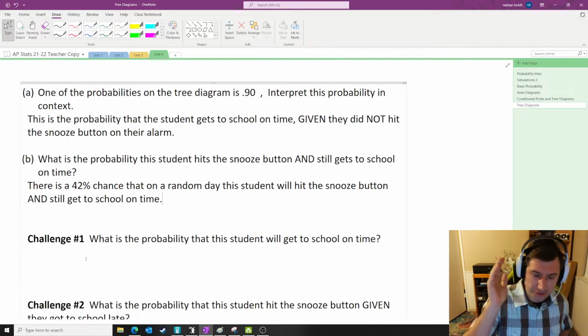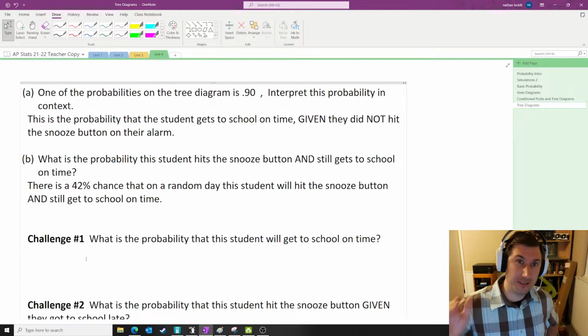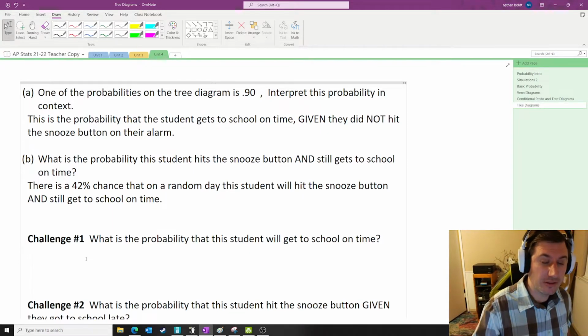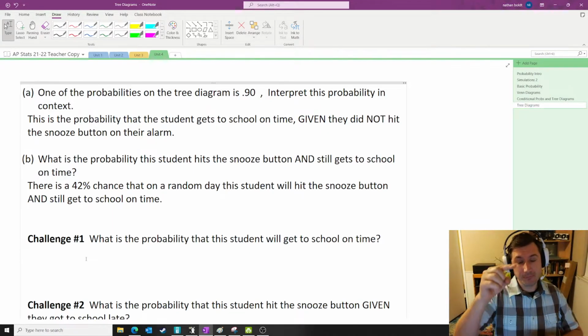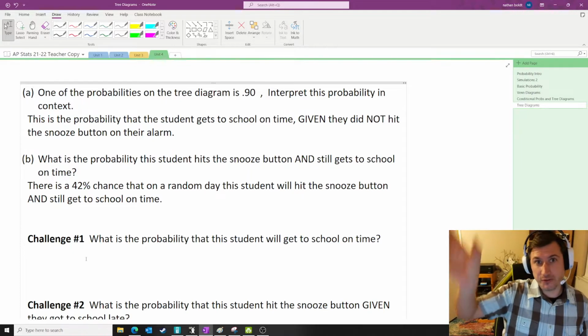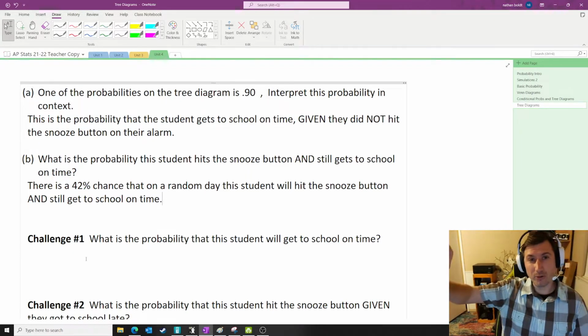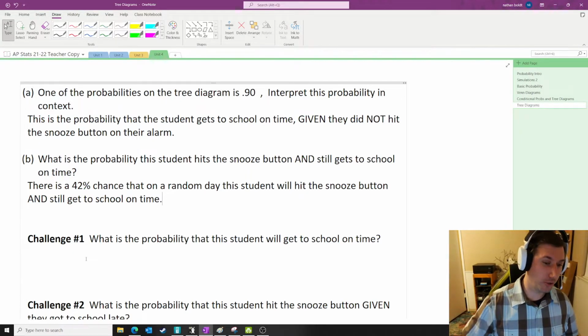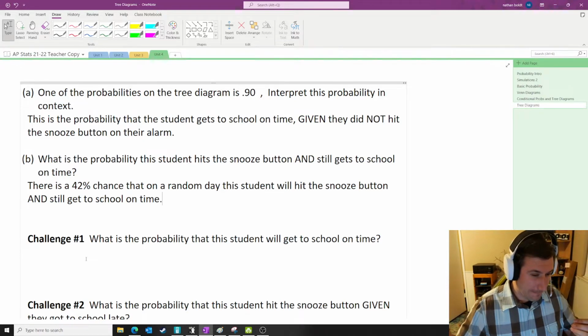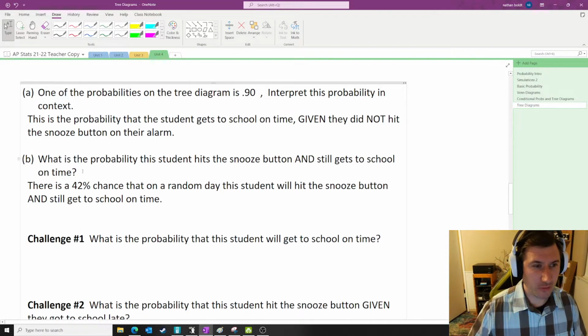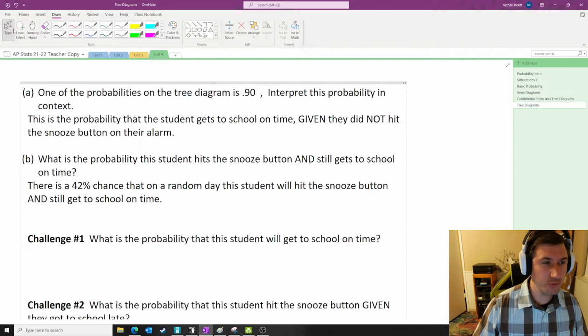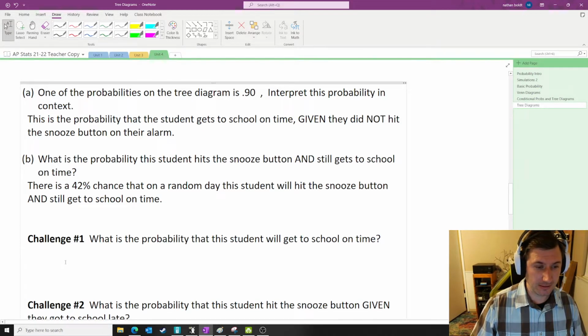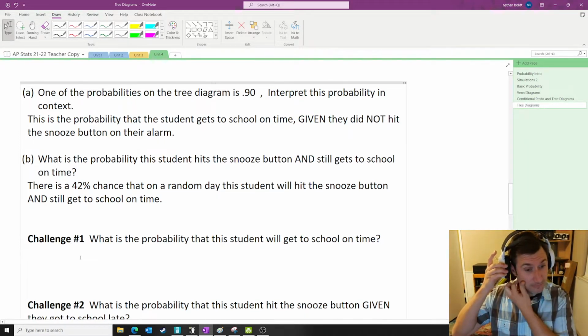Just what are the chances this student gets to school on time? If we had a two-way table, this would be in the margins. We would just add up a row and divide by the total. But we don't have the margins. So we have to think, what are the two ways this kid can get to school on time?